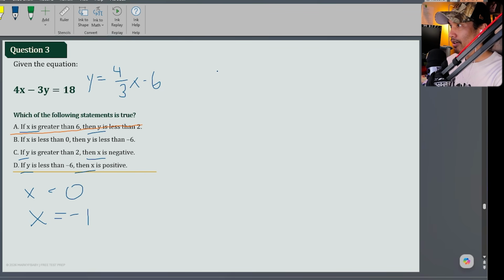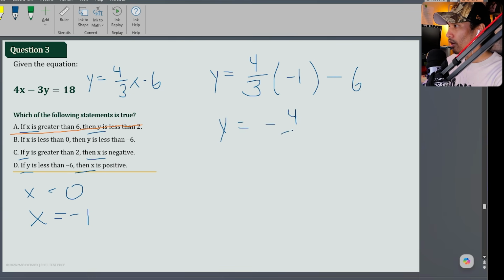I have here y equals 4 over 3, and I'm going to put negative 1 for x, minus 6. Then I get y equals negative 4 over 3 minus 6. And then just working this out, right?